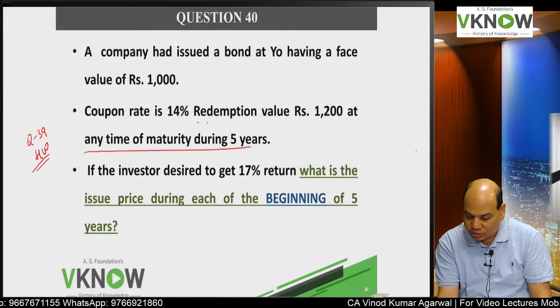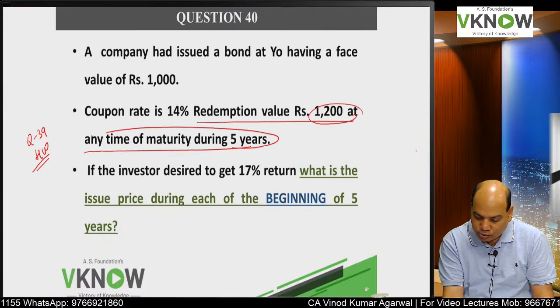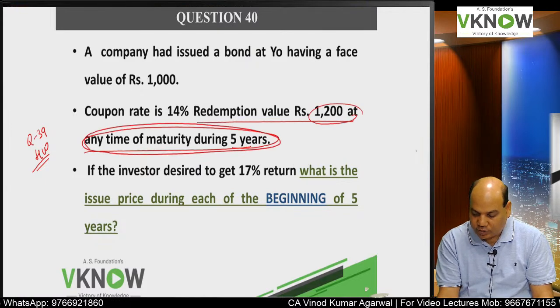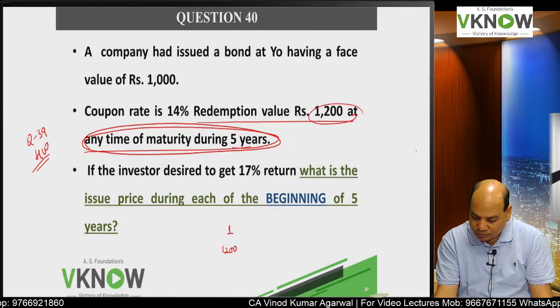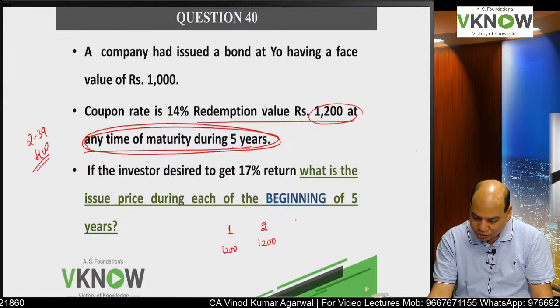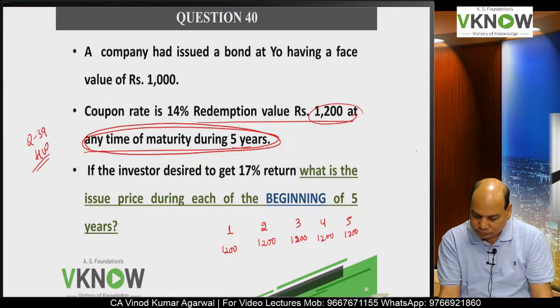So if you redeem at year 1, you will get 1200. If you redeem at year 2, 3, 4, or 5, you will get 1200.